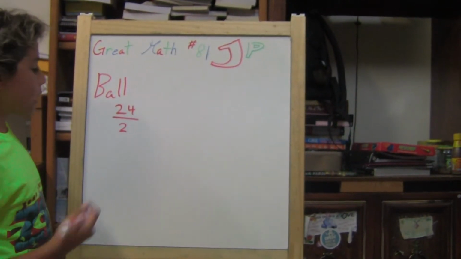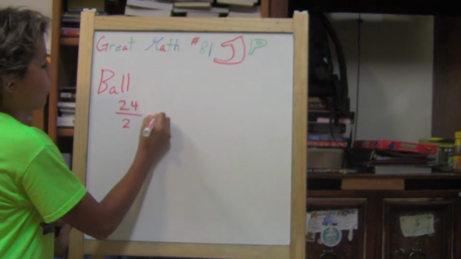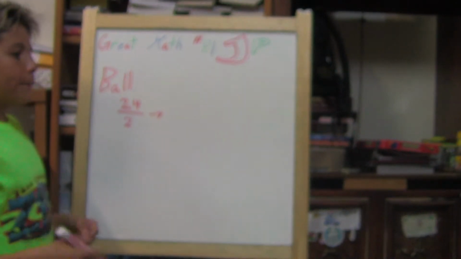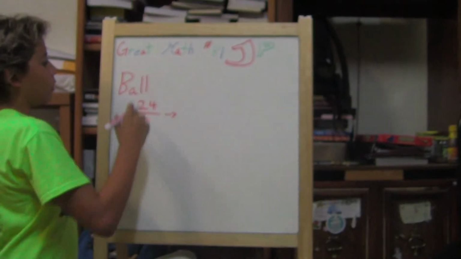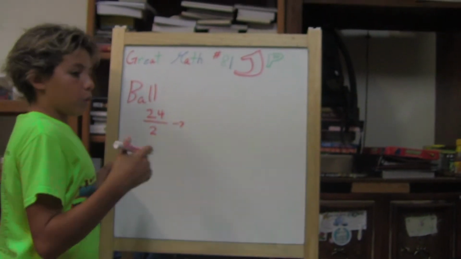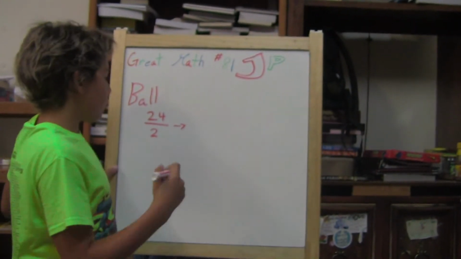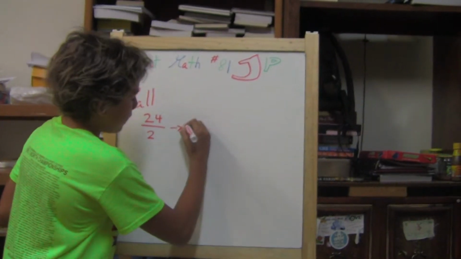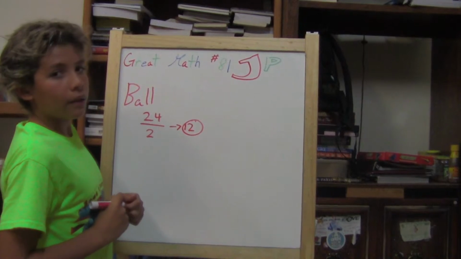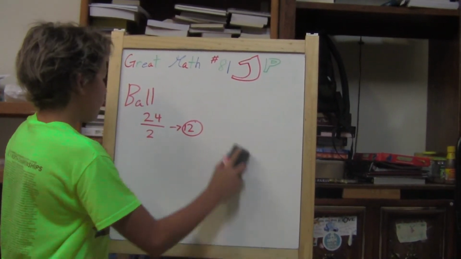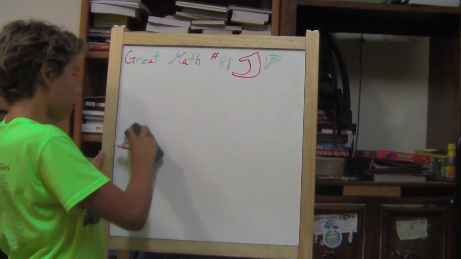We're taking away that possibility by dividing it. That way we take away the overcounting, because we know these are identical. So we're making sure that we don't get that overcount. The answer to our ball question is 12. Okay? Let's move on to the third one.